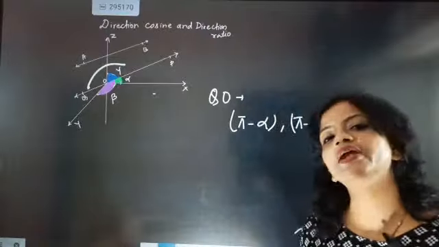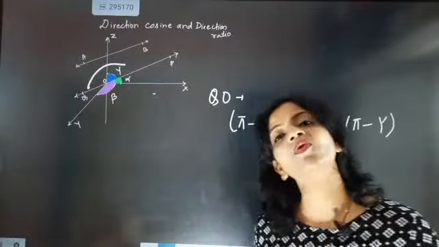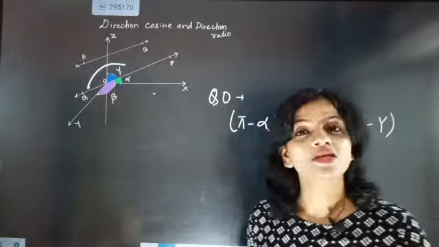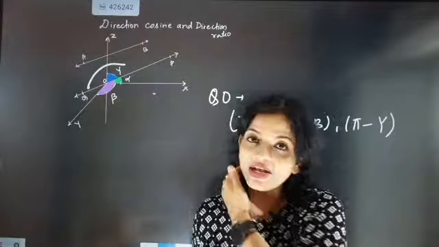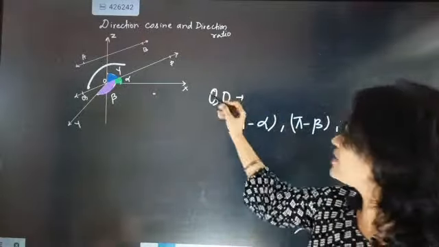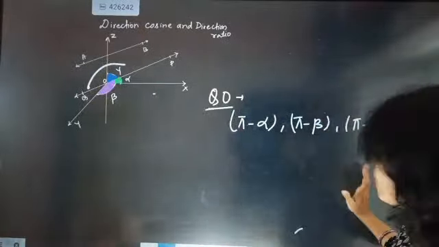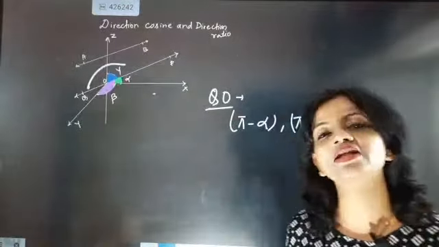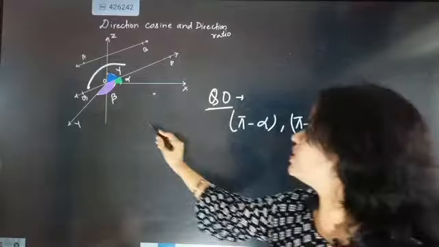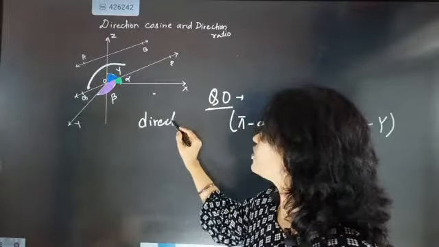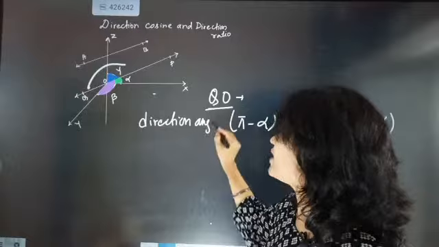If one subtends angle alpha, then the second one will be its supplementary, that is 180 minus alpha. So QO will be subtending pi minus alpha, pi minus beta and pi minus gamma. This will be the direction angle for QO.